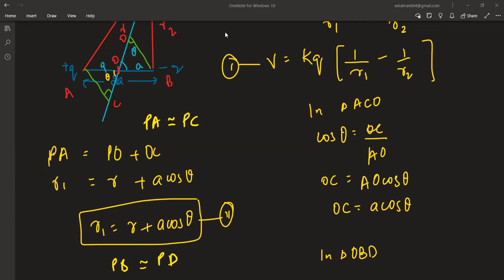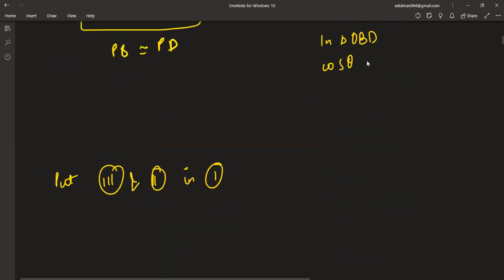See, once this is clear, then you will be able to do the entire derivation by yourself. We have found the value of R1. Now what is the next task? To find the value of R2. Now we'll take this triangle this time because we want to involve R2. So in triangle OBD, when you try to find cos theta, base is OD and hypotenuse is OB.